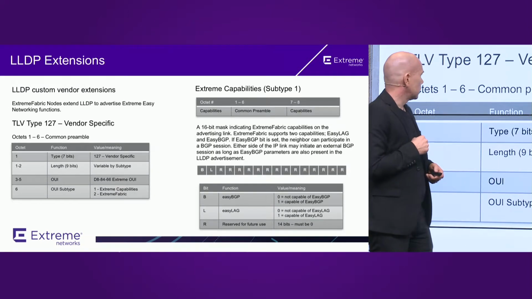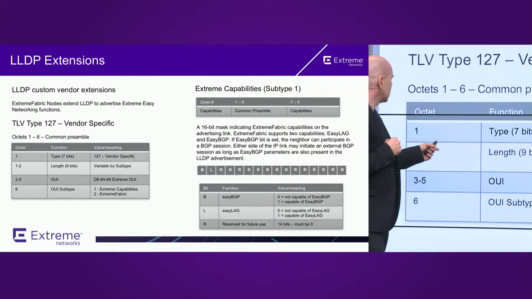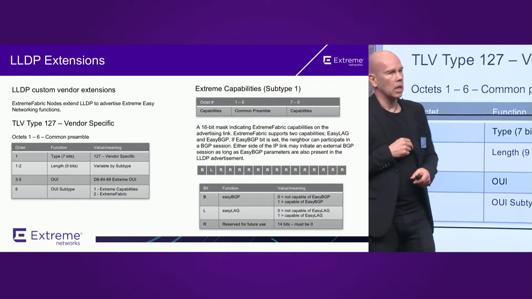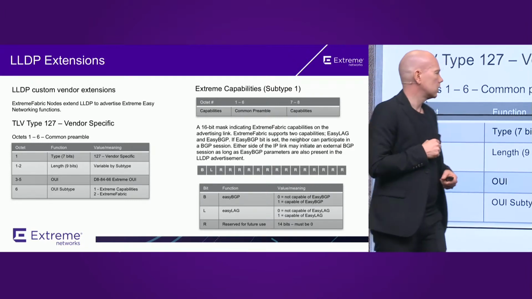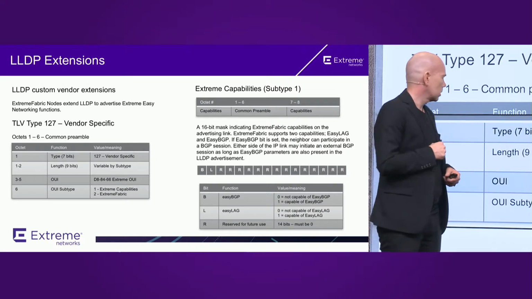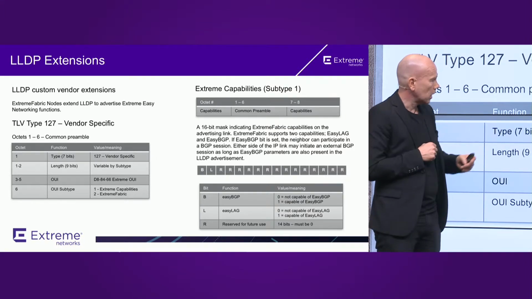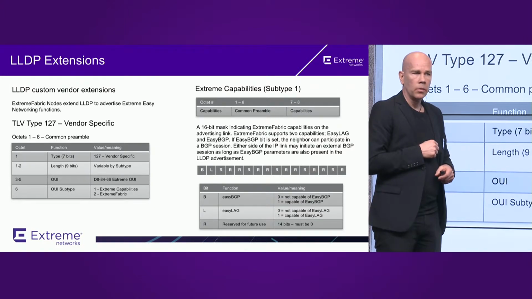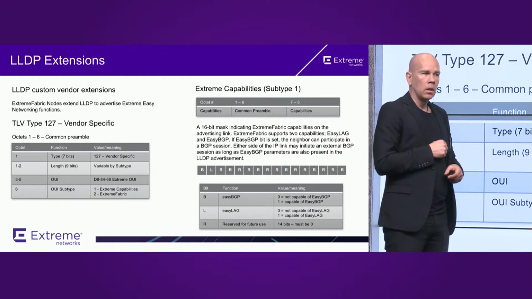What this slide shows you is, on the left-hand side, the 6th octet being the OUI subtype, which says one is Extreme capabilities and two is ExtremeFabric. Now, on the right-hand side, you can see that we use a 16-bit mask, where the first B and L bits are set for EasyBGP and EasyLag.